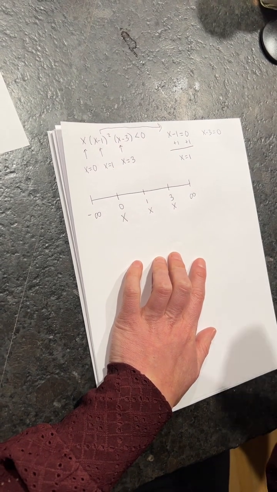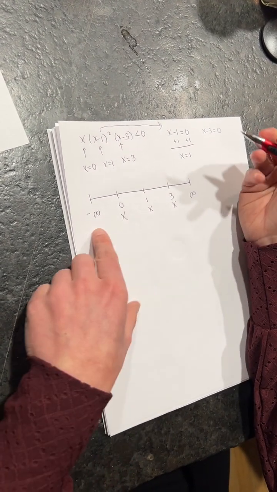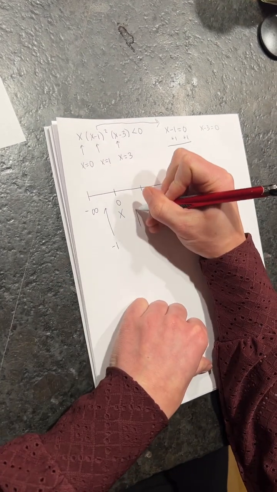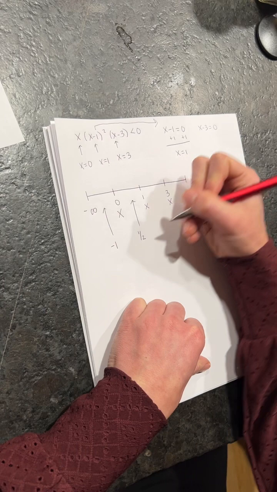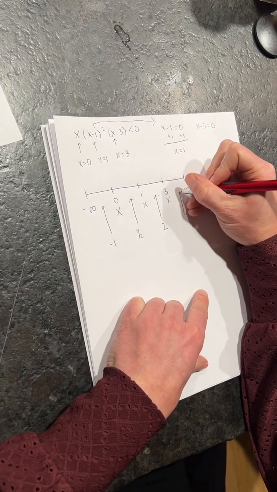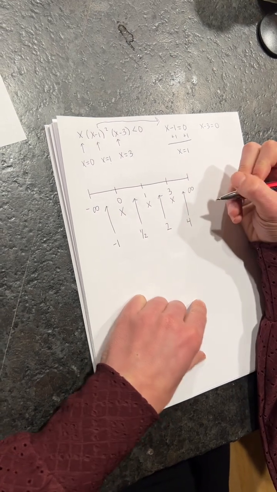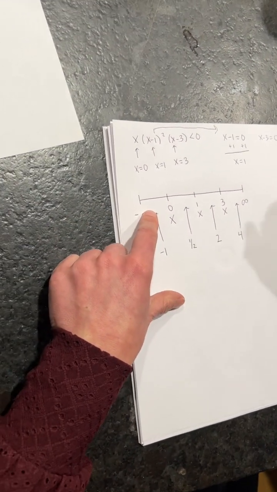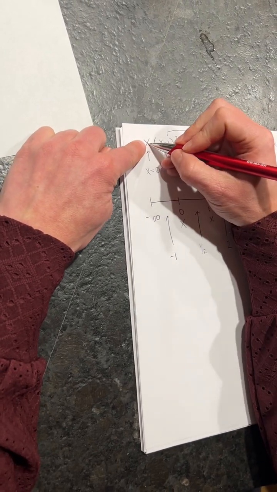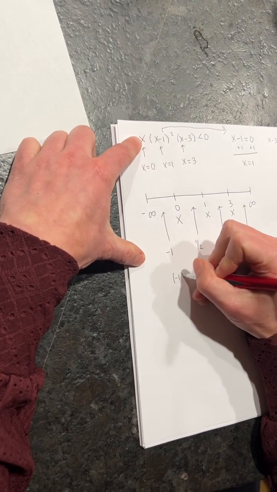All right, so we're gonna just go ahead and plug this right in. Let's pick a number less than that. We'll go -1. Here we'll pick 1/2. Here we'll pick 2. Here we'll pick 4. Why not? All right, so plugging in -1, this is not an enjoyable task, but I love you and I'm gonna do it for you. So plugging in x here, you're gonna have a -1.